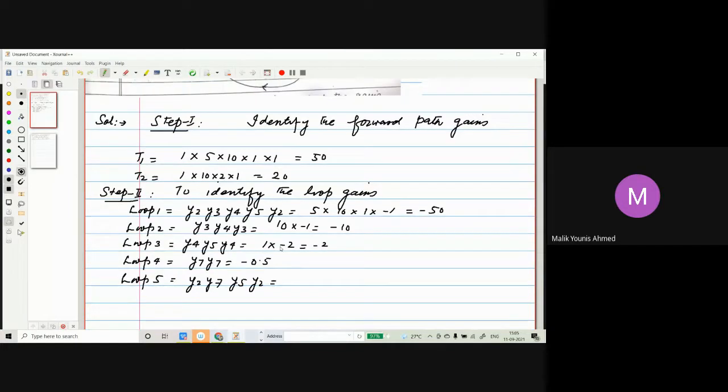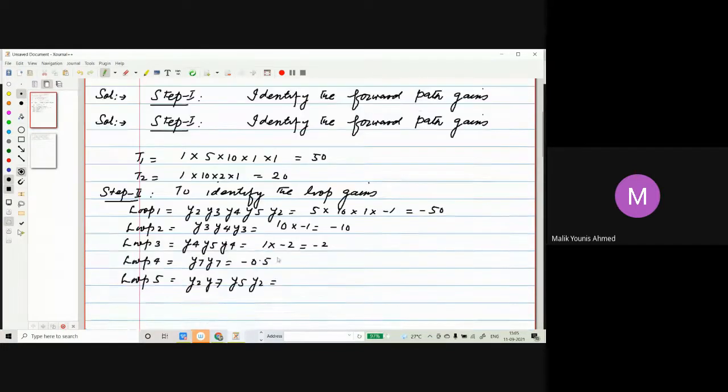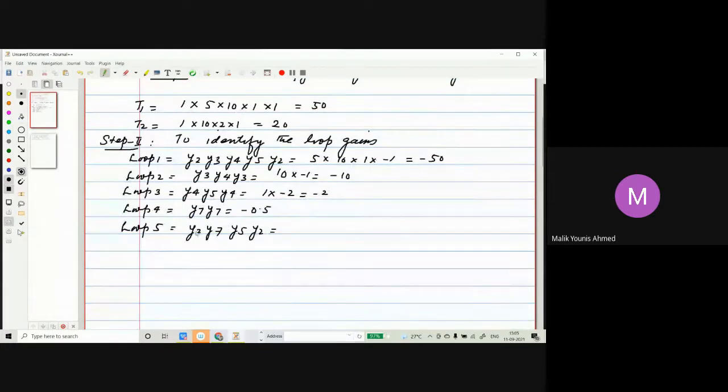So these values are 10, 2 and minus 1. 10 into 2, and then we have minus 1. It comes out to be minus 20. So this was step number 2.